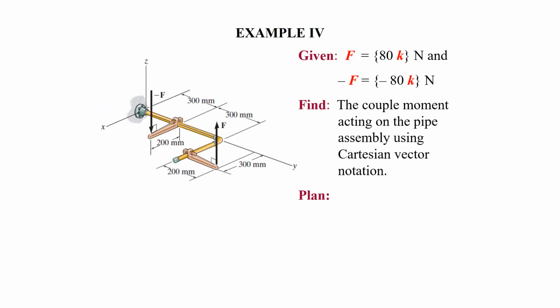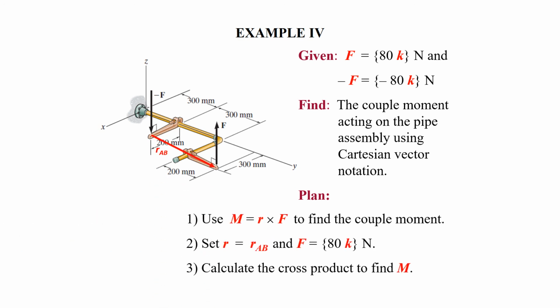And the last example is a three-dimensional case that involves these two forces, one 80 newtons directed up and 80 newtons directed down. And we're asked to find the couple moment acting on the pipe assembly using the Cartesian vector notation.